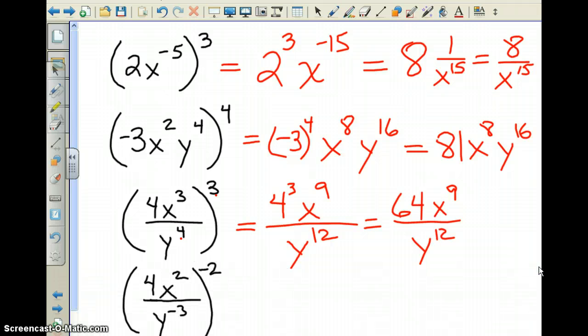And lastly, here's a negative exponent outside the parentheses. So this is going to be a 4 to the negative 2 and x to the negative 4 all over y to the negative 3 times negative 2 makes a positive 6.